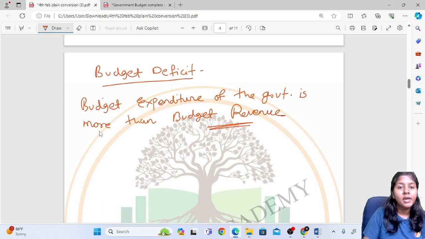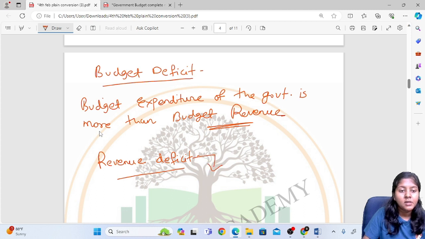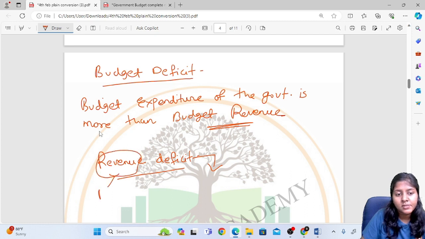So here we have to understand with regards to revenue. There are types of budget deficit: revenue deficit and fiscal deficit. The first thing is revenue deficit. What do we mean by revenue deficit? We have learned revenue receipts and revenue expenditure.